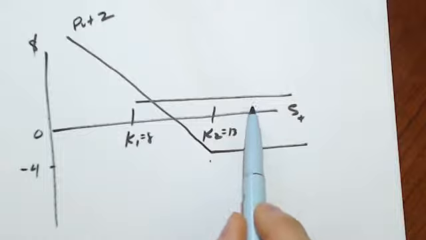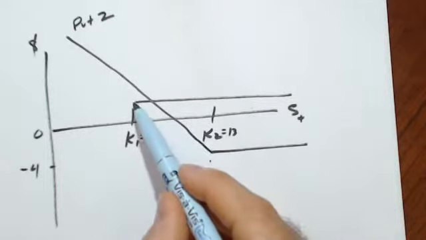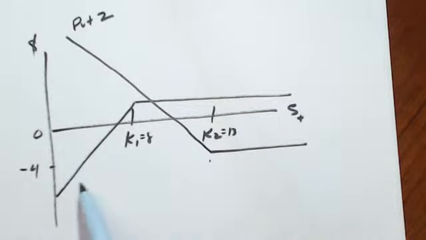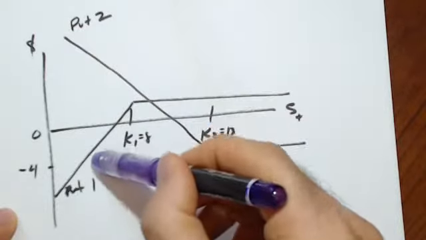Notice that the difference here is only going up $2, and here it dropped 4. So I'm trying to get my geometry straight. We know it's going to kink at 8 here, and so notice what happens. The old rule of adding up the slopes. You have a slope of -1, a slope of +1.